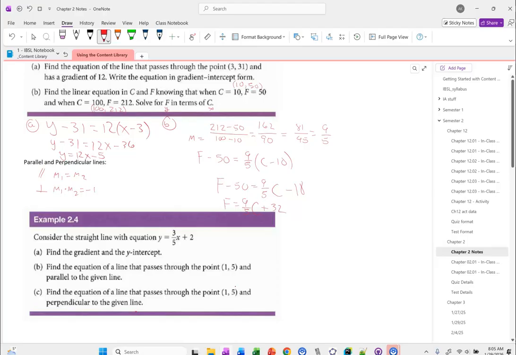It gets weird for vertical and horizontal lines, right? Vertical lines are parallel, even though they have no slopes. Horizontal lines are parallel. And then horizontal and vertical lines are perpendicular, even though their slopes are not negative reciprocals, because you have 0 times infinity, basically. Is everybody okay?